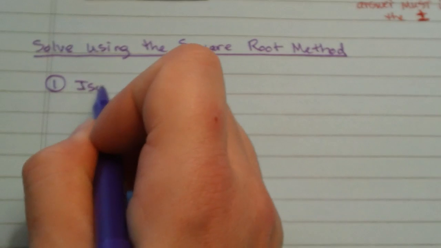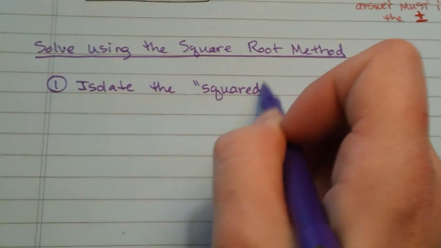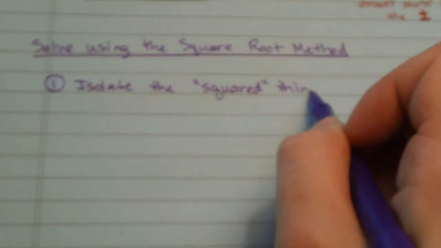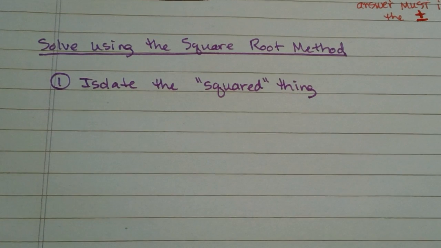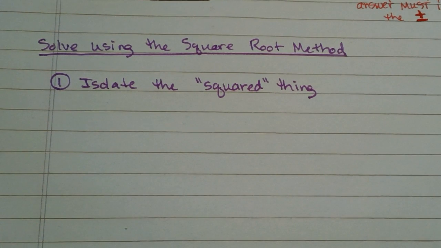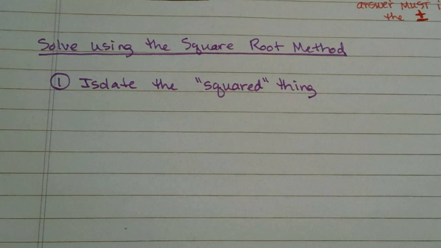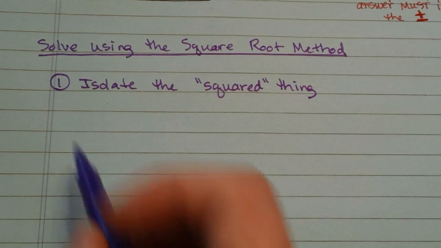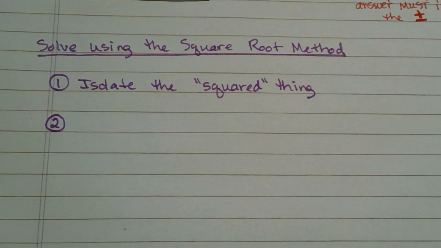This is not a mathematical term. So isolate the squared thing. You'll know the squared thing because it will have an exponent of 2 attached to it. Sometimes it's just like an x squared or a q squared or a whatever letter squared, and sometimes it's a parenthesis squared. So you'll just have to pay attention to what has that squared exponent attached to it.